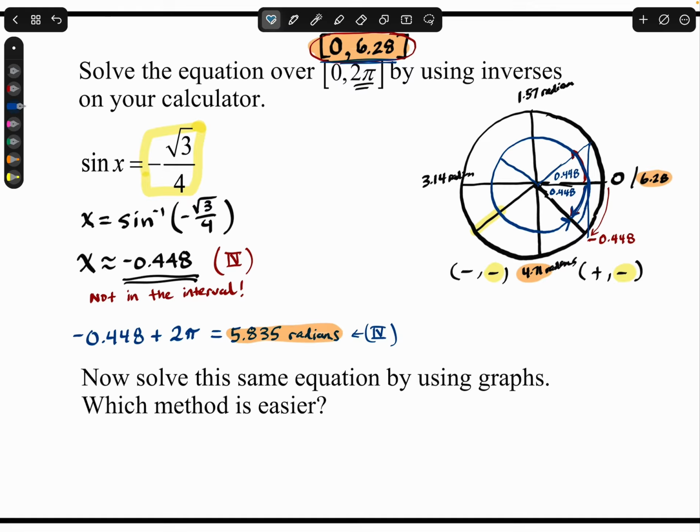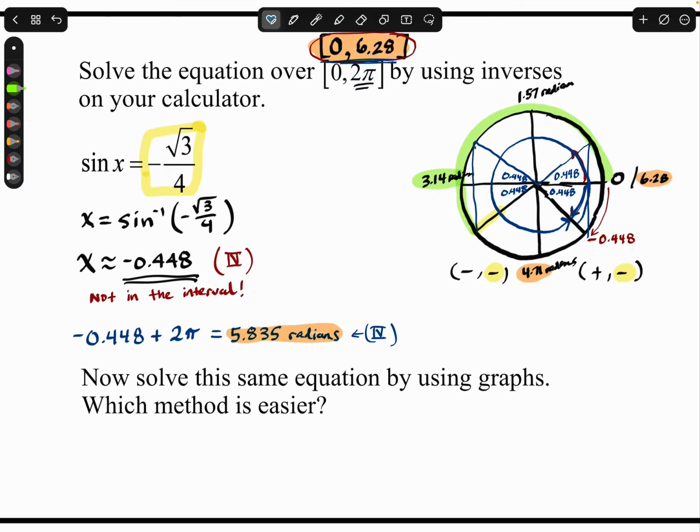We could even draw it in our second quadrant. There's our full bow tie. We know that that central angle in each of them is 0.448. So if we're just trying to figure out our angle that extends from here all the way around to here, we know that we're already at 3.14 radians once we get to that side of the circle.